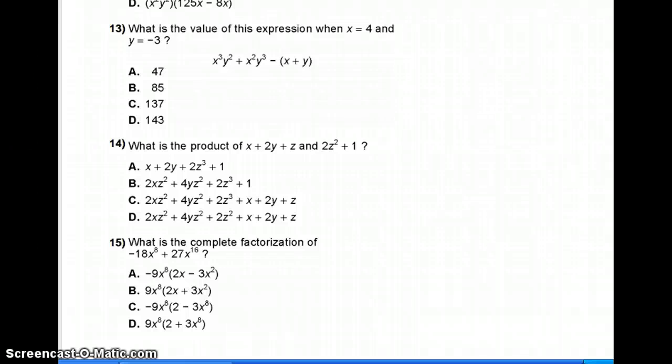Number 14, what is the product of x plus 2y plus z and 2z squared plus 1? Number 15, what is the complete factorization of negative 18x to the 8th plus 27x to the 16th?